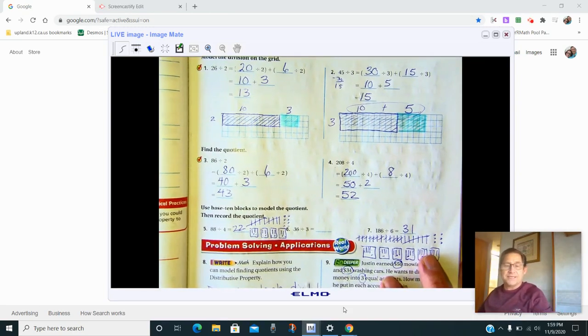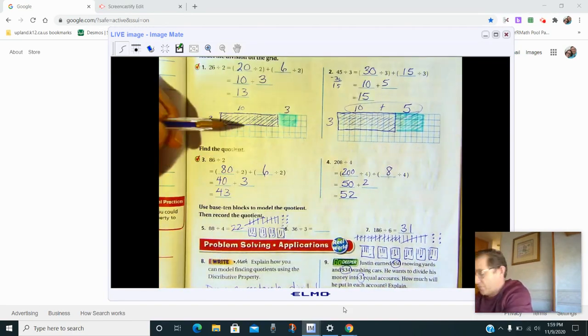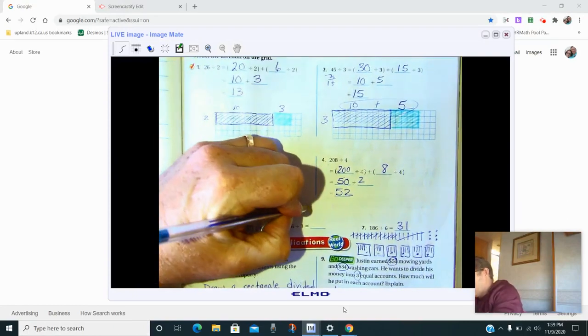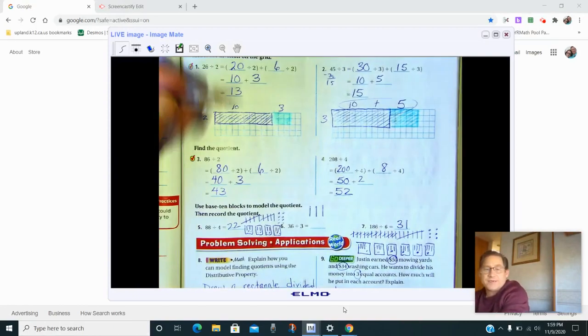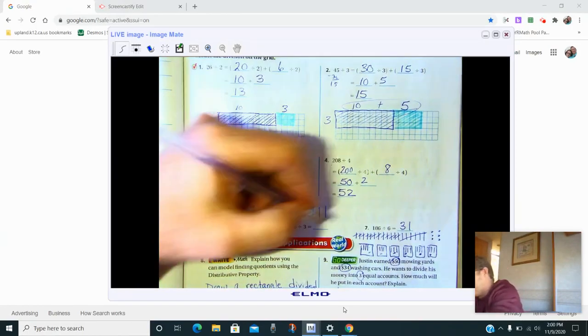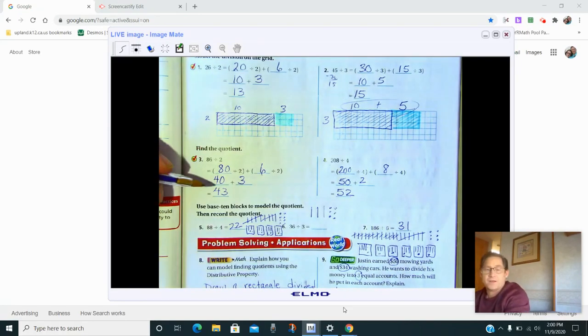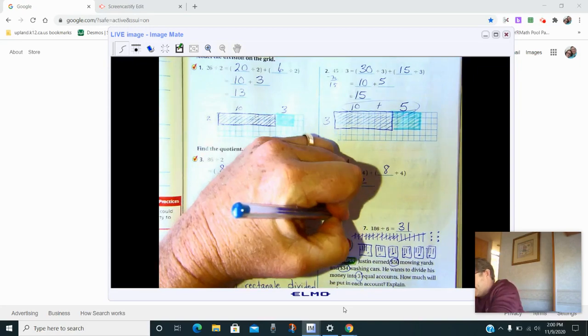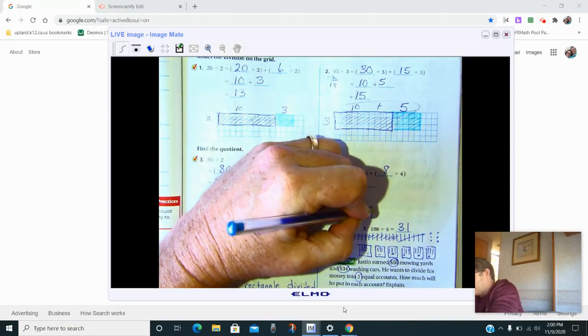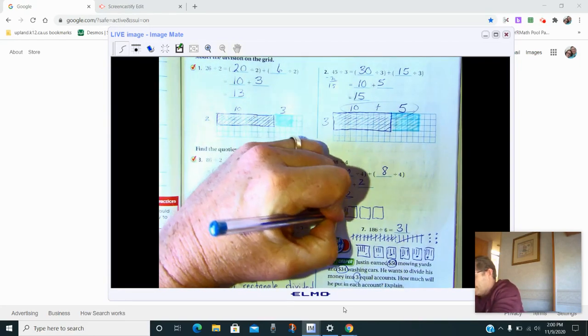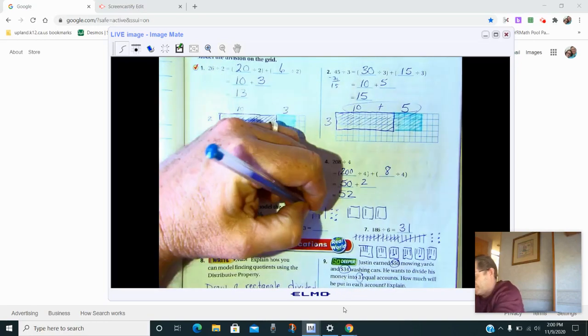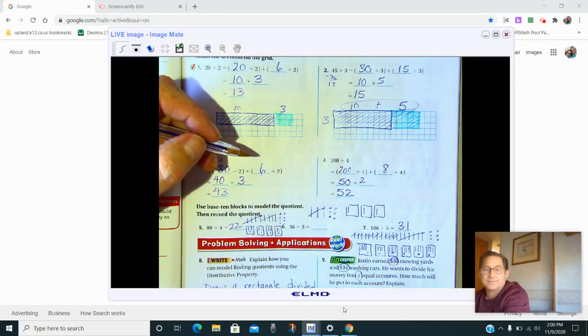All right, number 6, 36 divided by 3. So we'd represent the 30 with 3 ten rods, and then the 6 would be 6 ones. We need to break that into 3 groups. So let's put 1 ten rod in each group, and that shares the 3 tens.